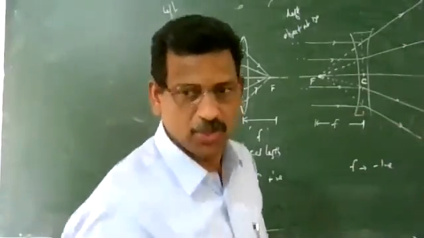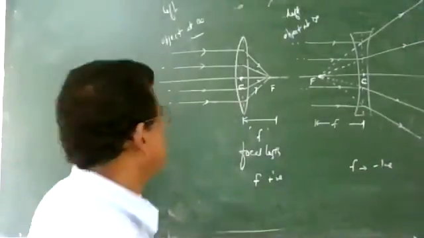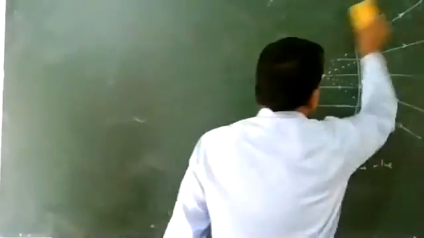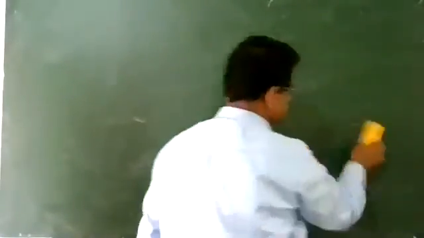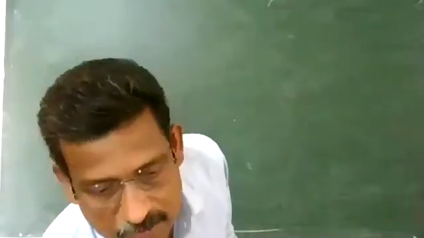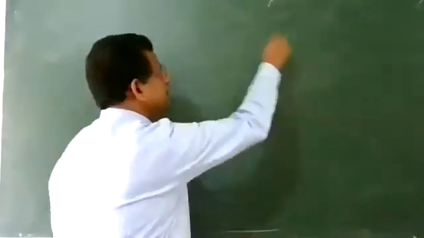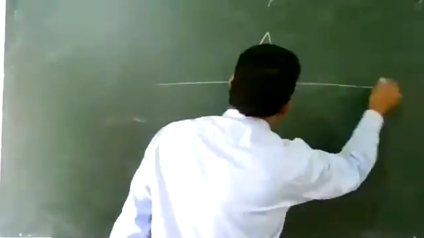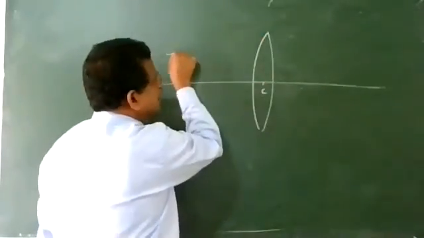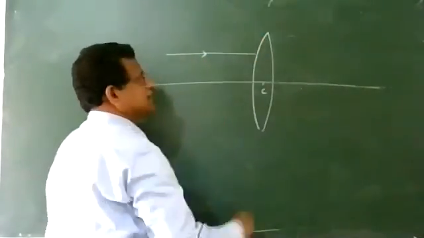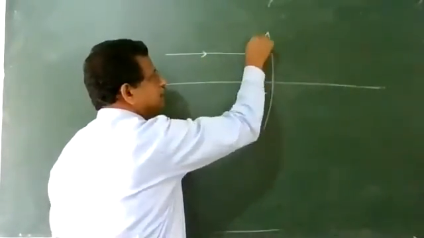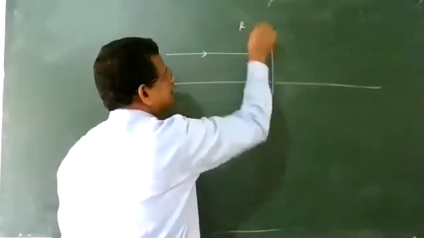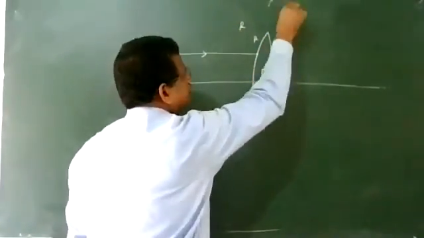So next I am going to show two refractions when a ray of light is coming parallel and going to the focus. Okay, this diagram you have to copy. A ray parallel to the principal axis reaches the point here, at the point A. It is going from a rarer medium to a denser medium.